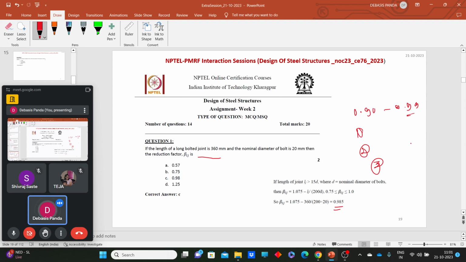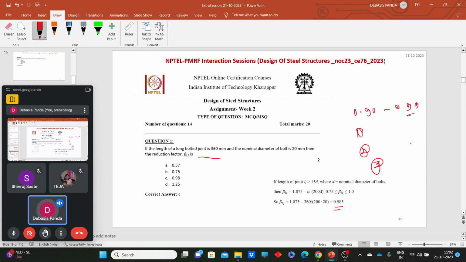First, try to solve the assignments, the MCQ questions, the rapid fire type questions, you can solve them easily. Questions from each and every weekend will come. If you solve the 2022, 2023, and 2020 assignments, you will get most of the MCQ questions from there, 99% of the questions. So don't worry about it.